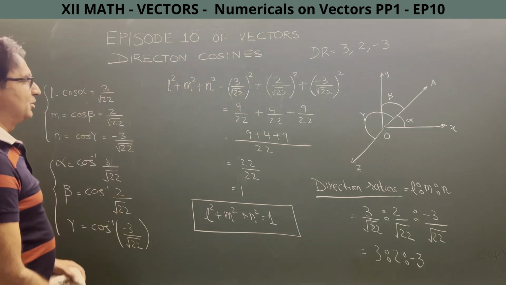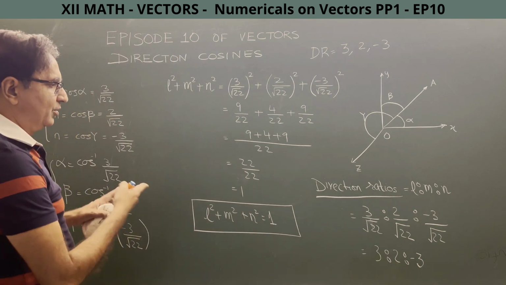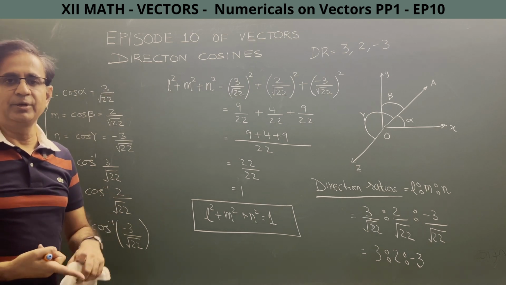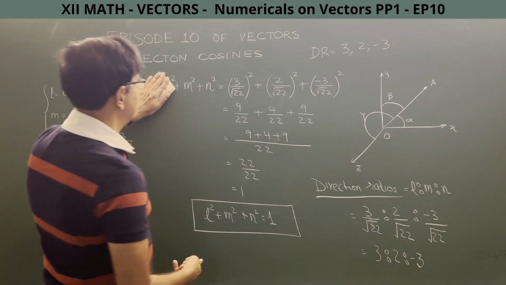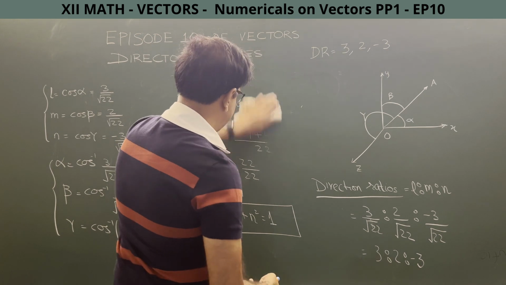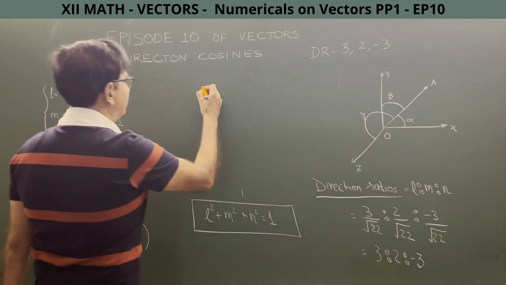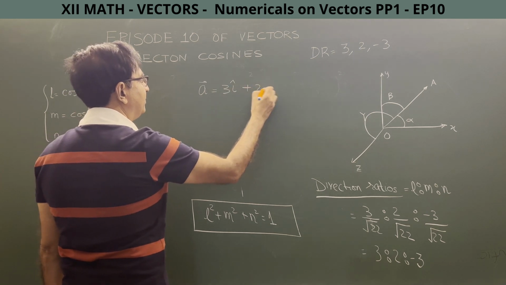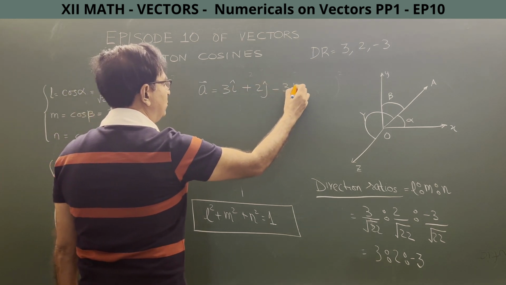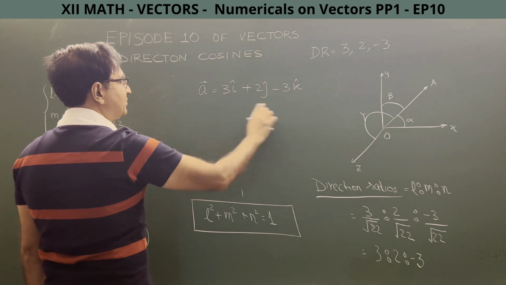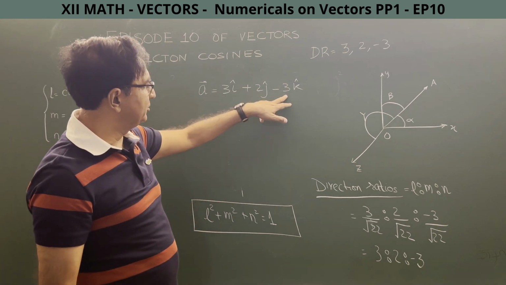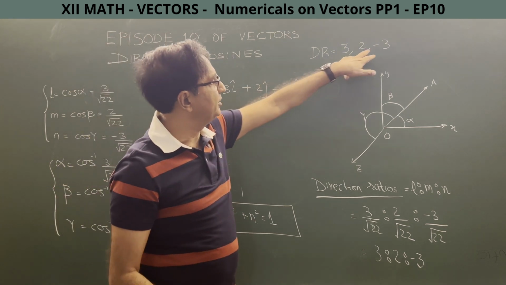Alright. So now you know all the three: how to find direction angles, how to find direction cosines, what is the theorem, and how to find the direction ratios. What was the vector which was given? You remember the vector was 3i plus 2j minus 3k. Have a look in your exercise book. This was the vector. Now do you see a relationship between the coefficients of i, j and k and the direction ratios?